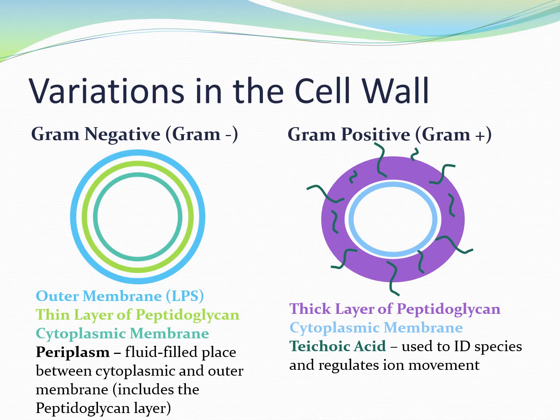Remember that these are going to stain purple, and it's because that peptidoglycan layer that is so thick is going to soak up the stain. Gram-positive has a lot of that particular layer, so it soaks it up a ton. There's also no outer membrane, so the stain can access the peptidoglycan layer substantially better.